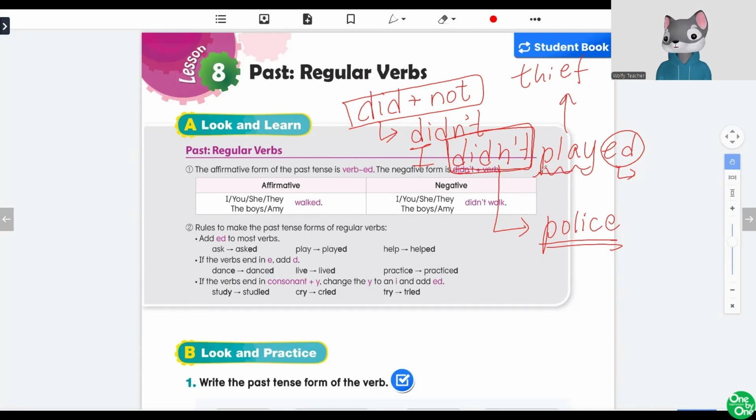Now, a thief can't have the precious treasure if there is a police, so we delete this. Do you understand? Always remember didn't as the police and the word play as the burglar, as the thief. Okay? And you should not have an ed at the end of the word when you're putting it into the negative form. As simple as that.